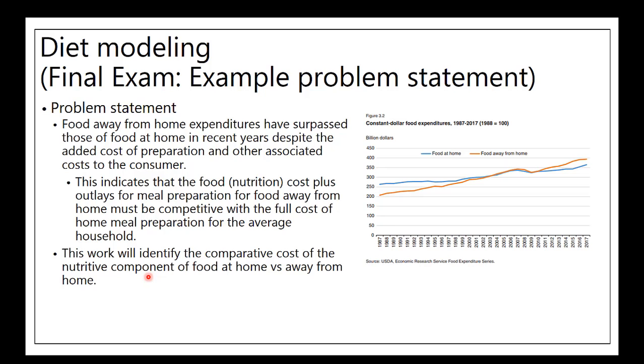And there are all kinds of things we might think about doing there. We might think about comparing it to the wages paid to food service workers. We might think about comparing it to the average household internal wage, what kind of expected time we think they have. We could even add time constraints to our model to try to think about what the marginal value of time is for that representative household eating away from home versus preparing their food at home.